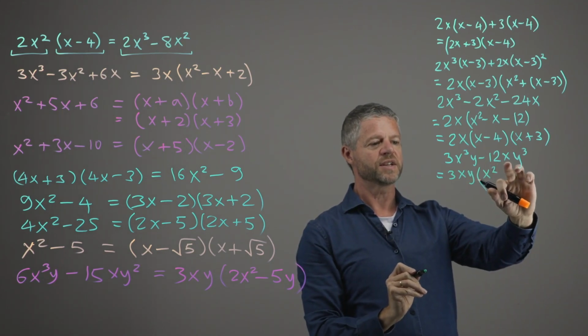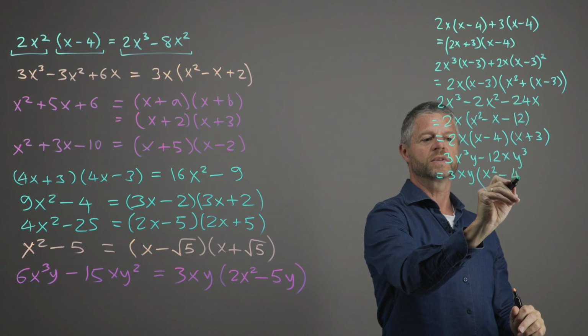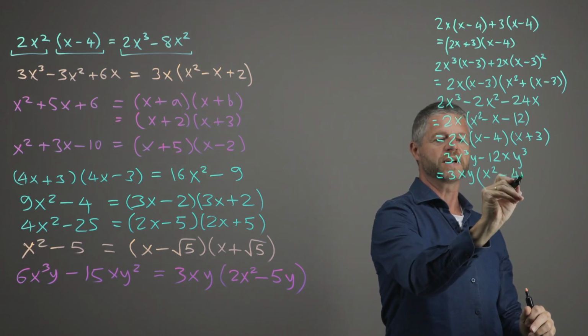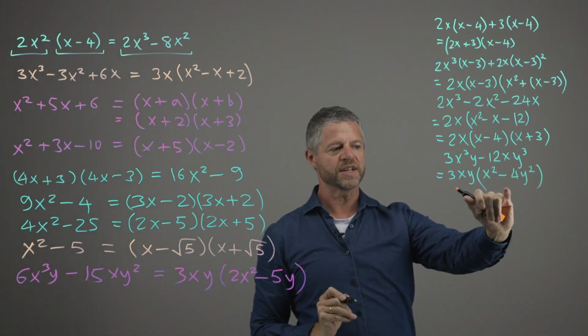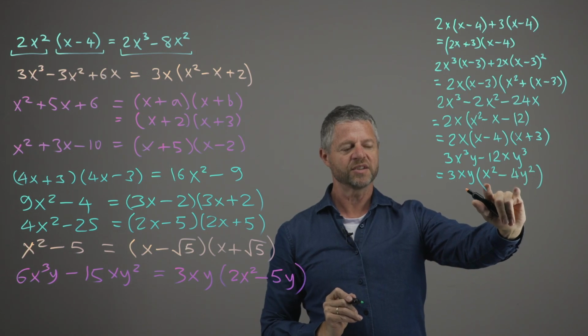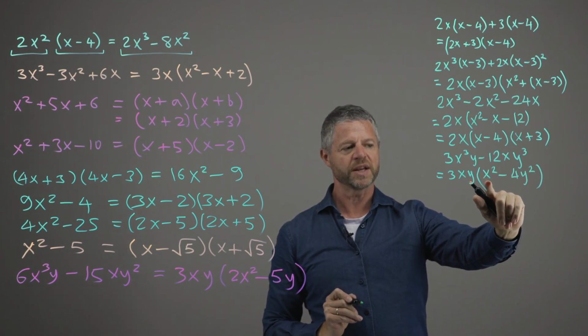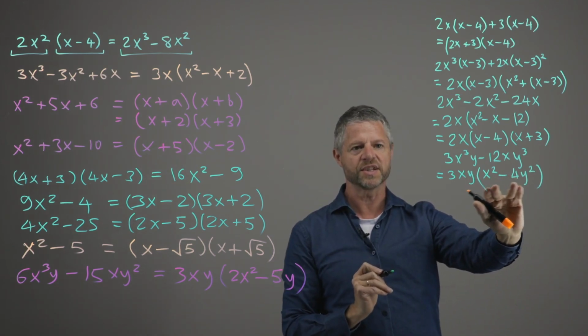And then the second term, I need 4y squared. And I can also go one more step here because I can recognize that this is in the form of a perfect square minus another perfect square. So I can factor this using conjugates.